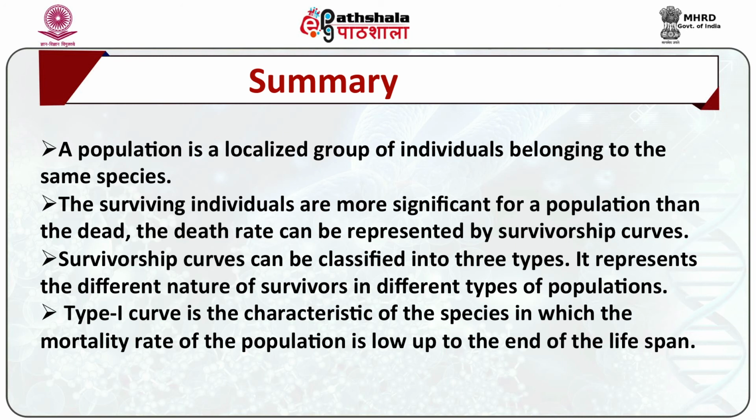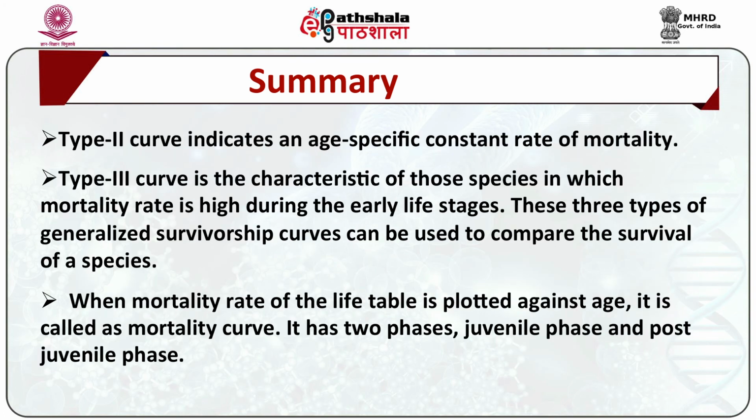Type 1 curve is characteristic of species in which the mortality rate of the population is low up to the end of the lifespan or up to old age. Type 2 curve or diagonal curve indicates an age specific constant rate of mortality.